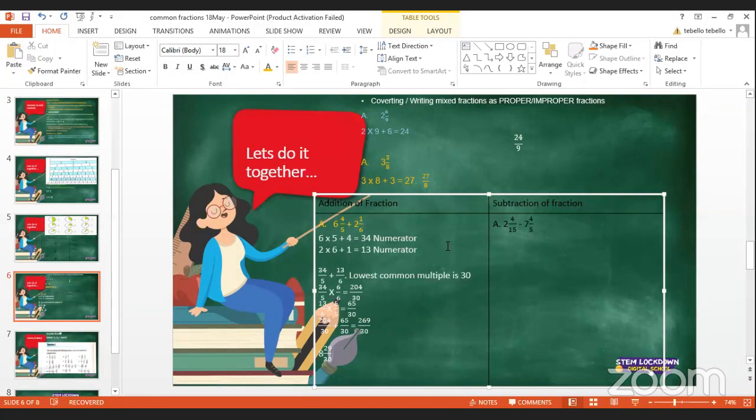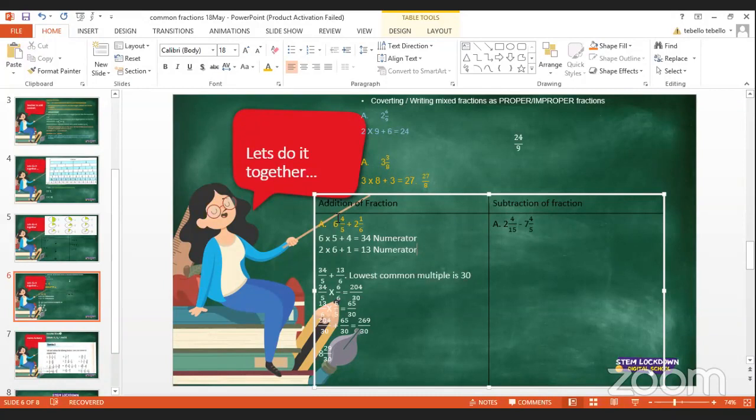Let's convert our numerator. So we'll have 5 multiplied by 6 plus 4 equals 34. You can do it in your calculator just to verify the answers. Our answer is 34, so our numerator will change.